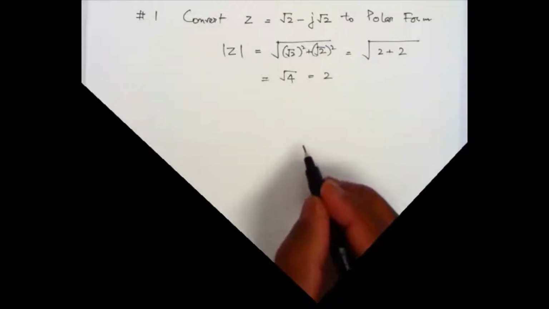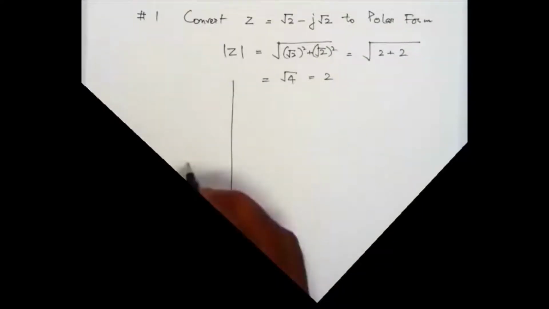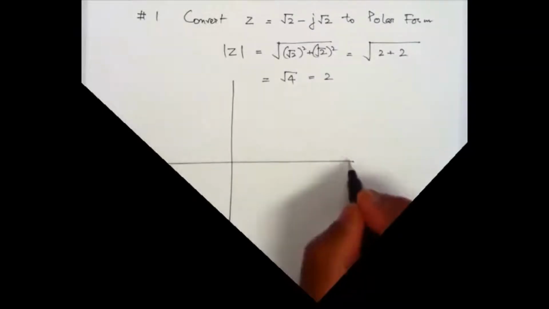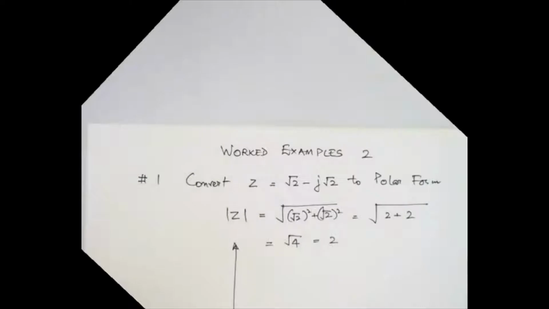So the modulus is 2, and it's very important when you have to find the argument, you have to draw the Argand diagram, because otherwise you can't get the exact angle where the vector is. Now let's take this number z equal to square root 2 minus j square root 2.